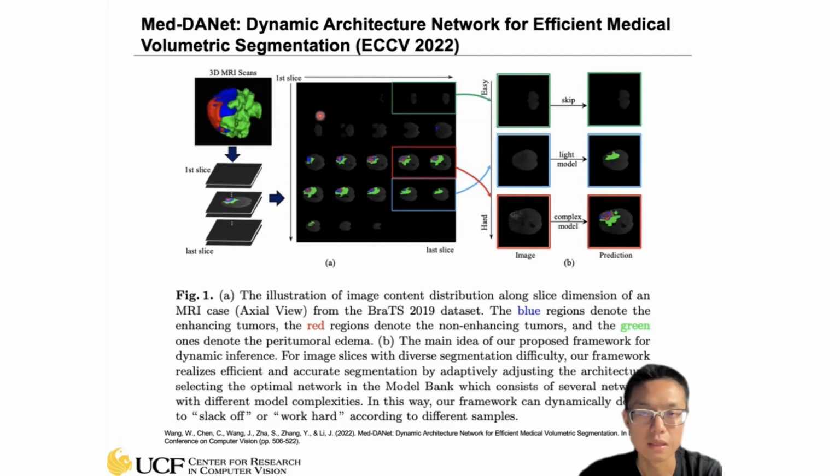Because these are cross sections, the slices are each one cross section of the brain when the MRI scanner or CT scan cuts different cross sections. Some of the slices do not even contain useful information for tumor segmentation or detection.